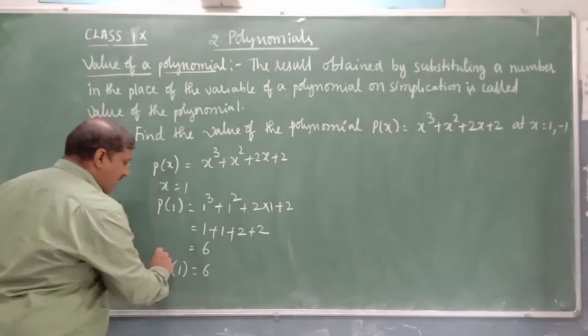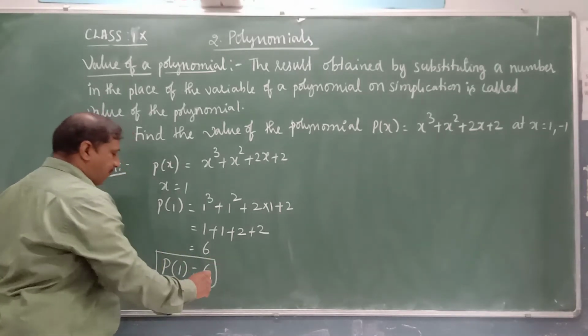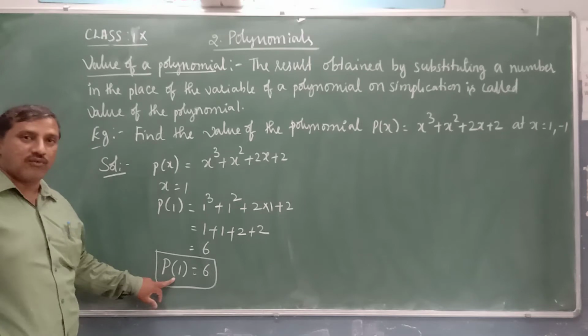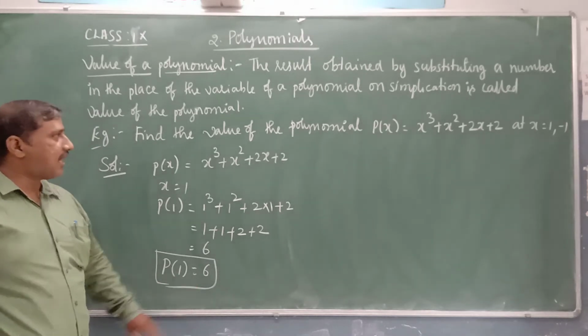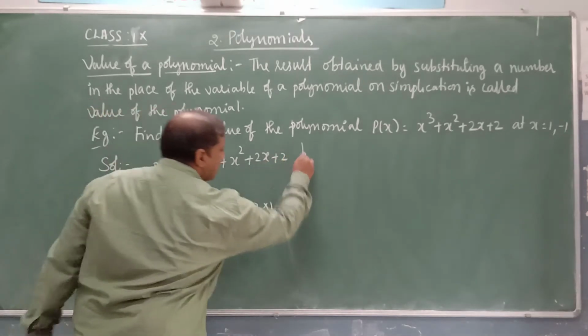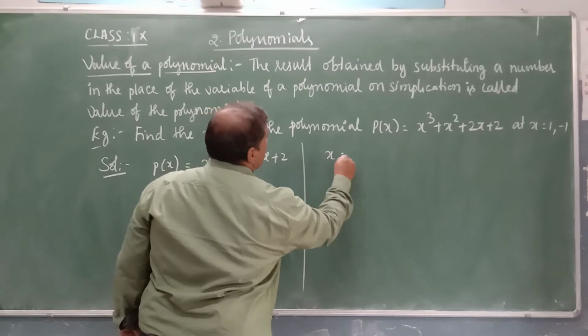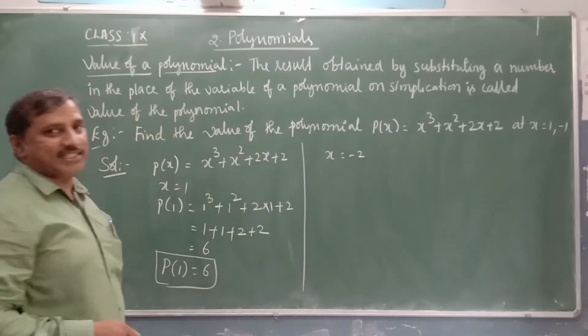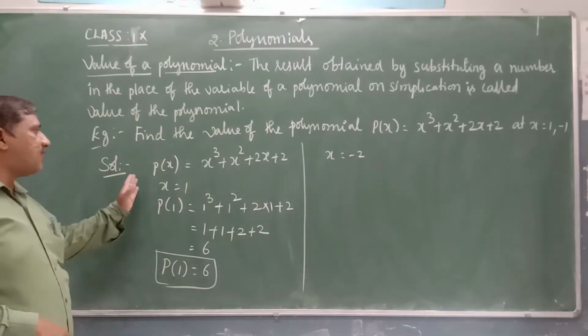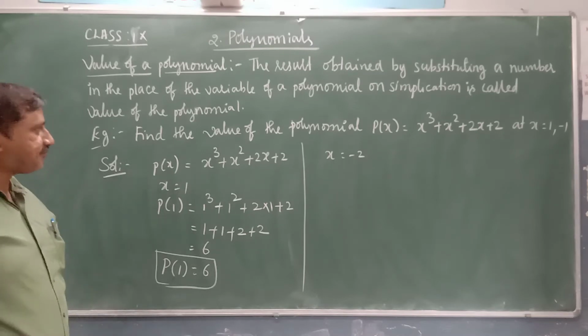Like this we find the value of the polynomial p of x at x is equal to 1, which is 6. Now we will find it for x is equal to minus 1. If x is equal to minus 1, then what is the value of the given polynomial?